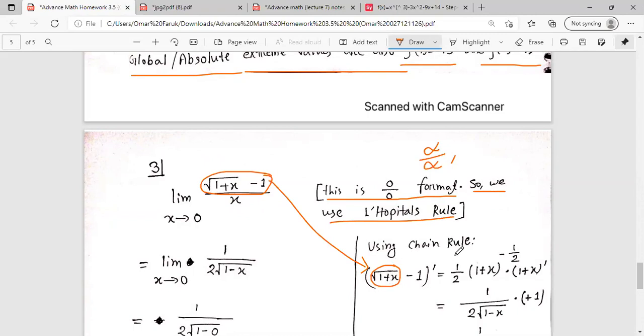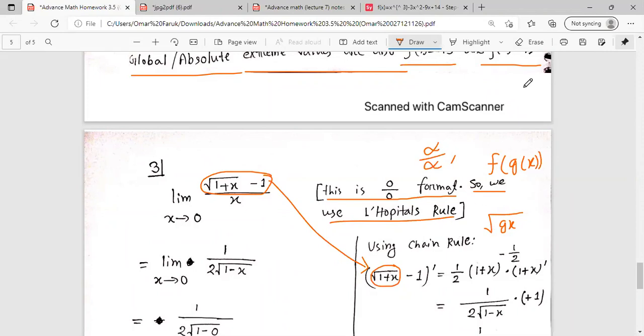Because inside the root, we expected it to be x, but it is 1 plus x. That means inside the root there is another function, which we can call g of x. So do you guys remember composite functions? f of g of x. Guys, do you remember?